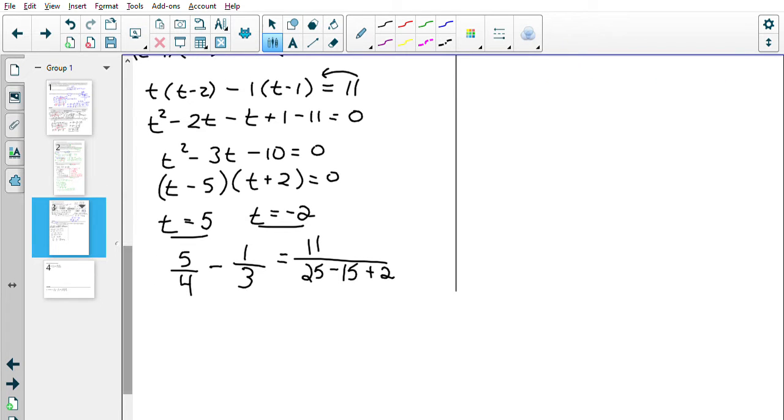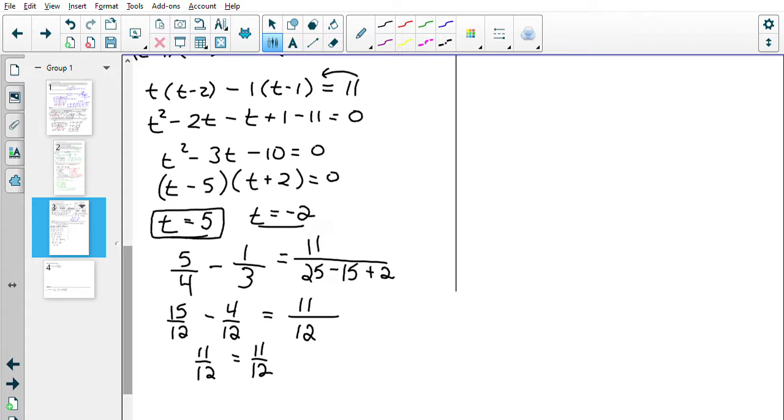So checking what we've got, we'll get a common denominator here. So you get 15 over 12 minus 4 over 12 equals 11 over 25 minus 15 is 10, plus 2 is 12. 15 minus 4 is indeed 11 over 12, and that's 11 over 12. So that number there checks out.